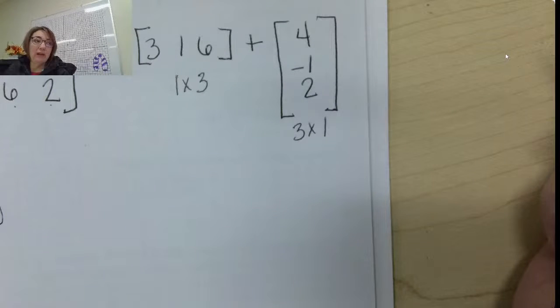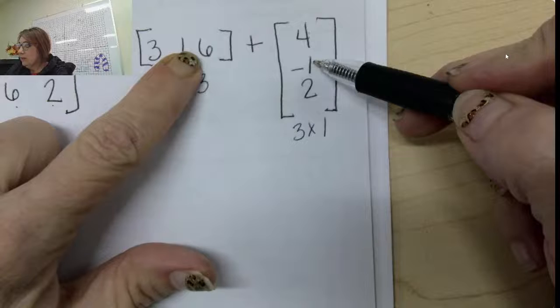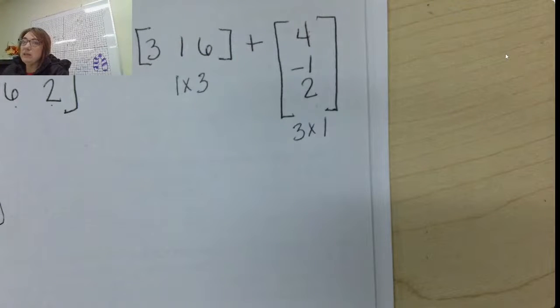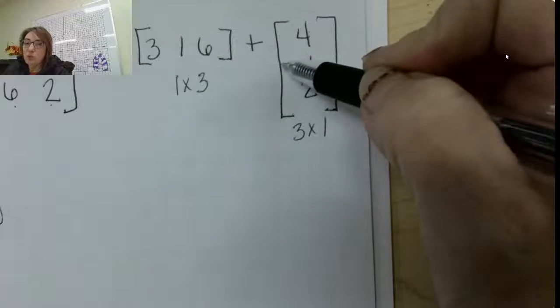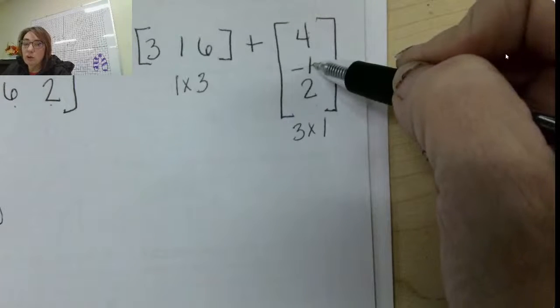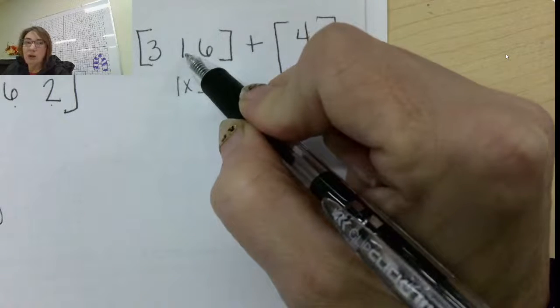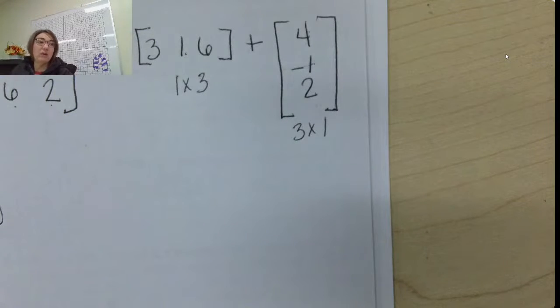You cannot add these. This is where people will mess up, because they're like, oh, I'll just add the 3 and the 4, the 1 and the negative 1, and the 6 and the 2. But they're not in the same place, right? This negative 1 is row 2, column 1. This is row 1, column 2. Y'all see how those are in different locations? You cannot add those together.